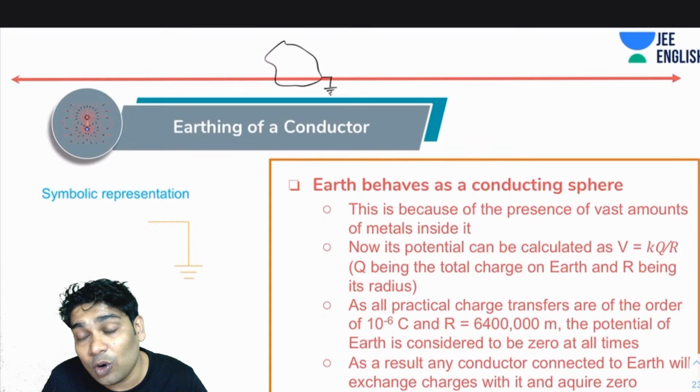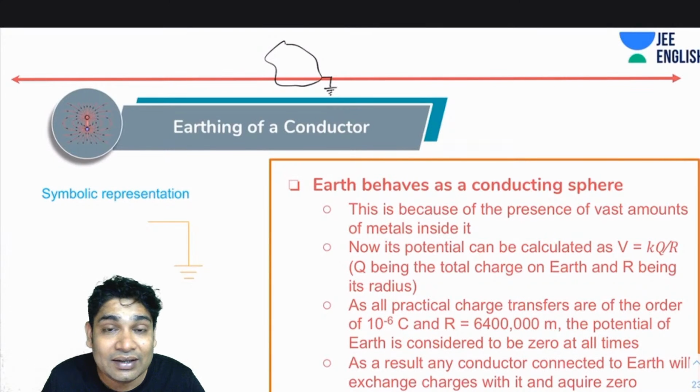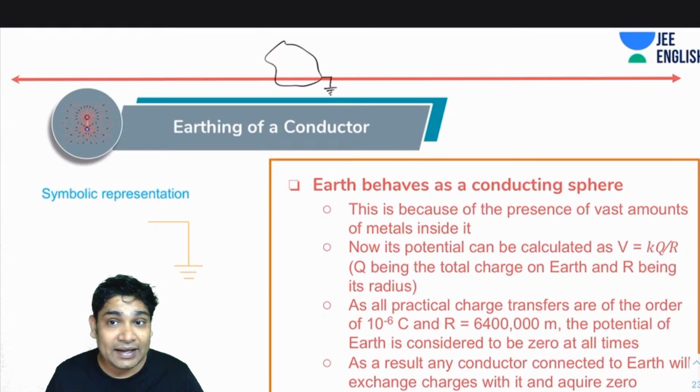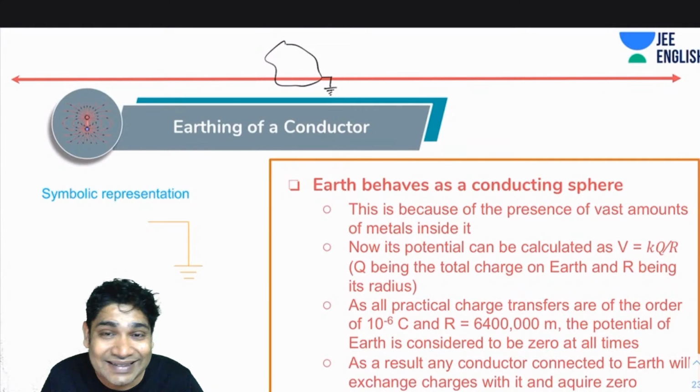Now, practically, all the charge transfers happening are of the order of 10 to the power -6. So practically all the charges that exist or get exchanged are in microcoulombs or even smaller, nanocoulombs maybe. So even if Earth is considered to have a net charge, it would be of a few microcoulombs only. And what is the radius of Earth? Radius of Earth is 6,400 kilometers, which is 6.4 million meters.